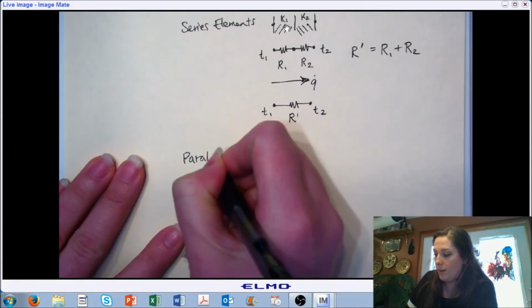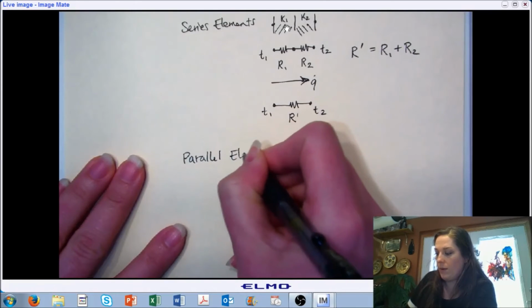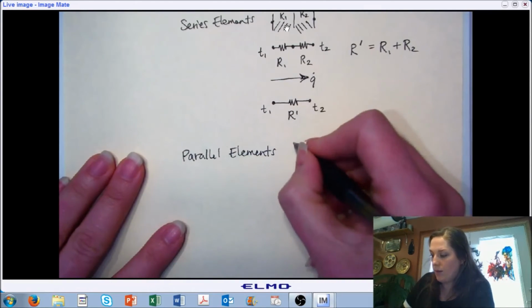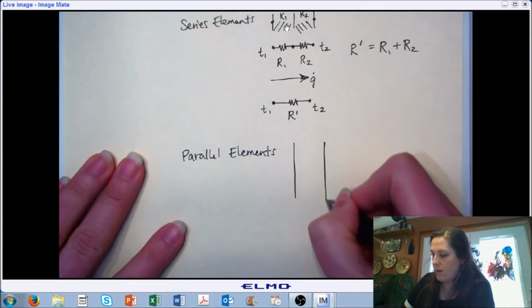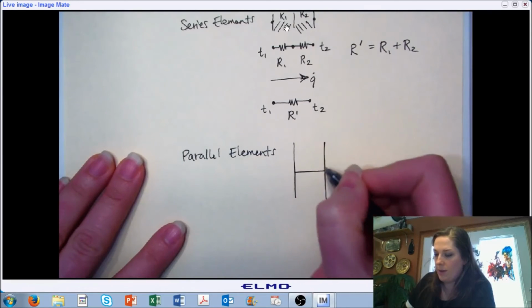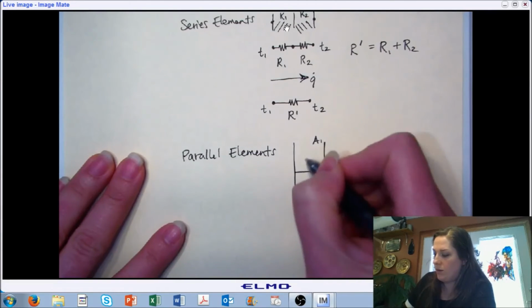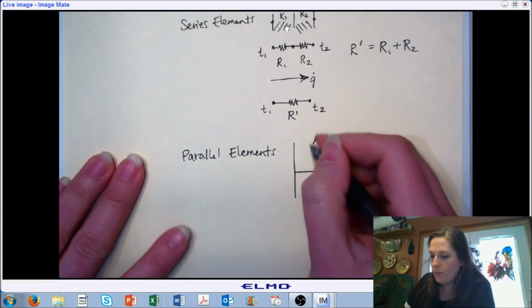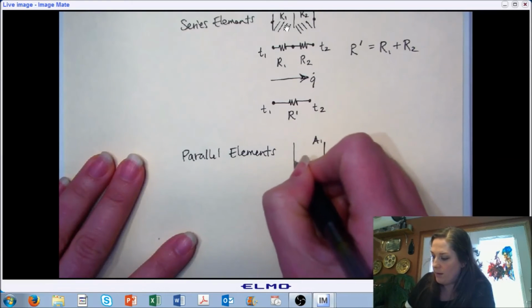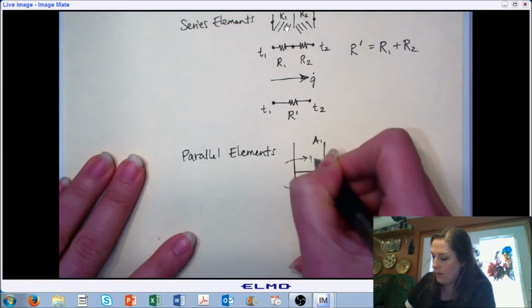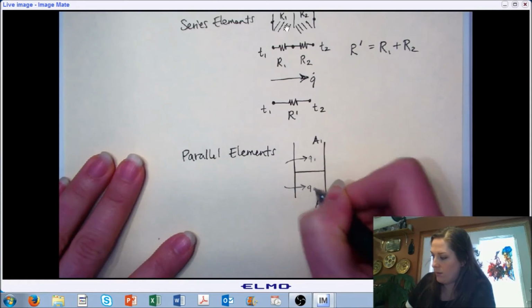If you have parallel elements, the math doesn't look exactly the same as the electronic analog. It is weighted by the surface area. Okay. So A1, A2, and you have a Q1 and a Q2.